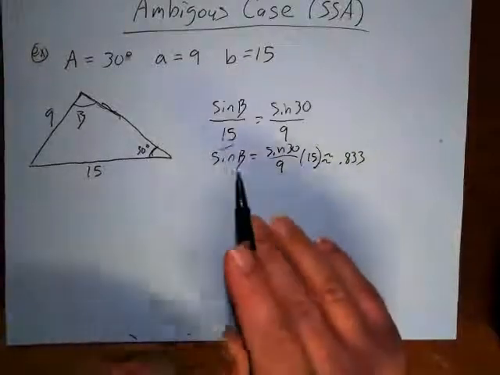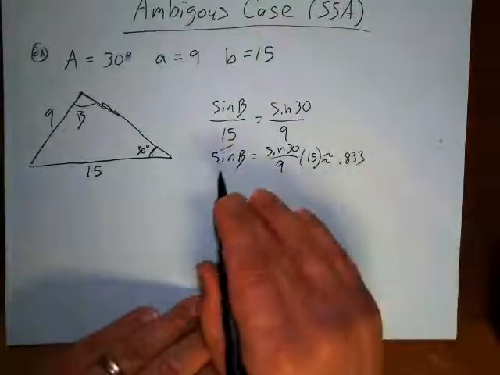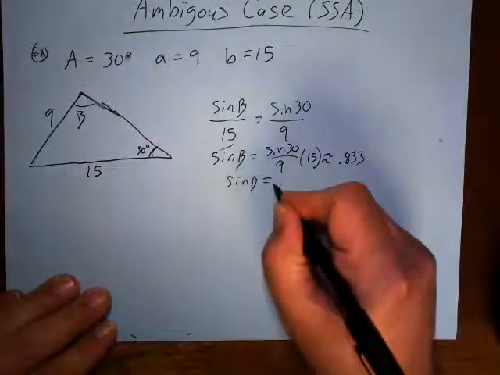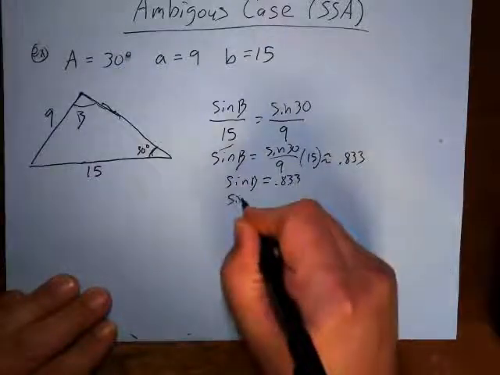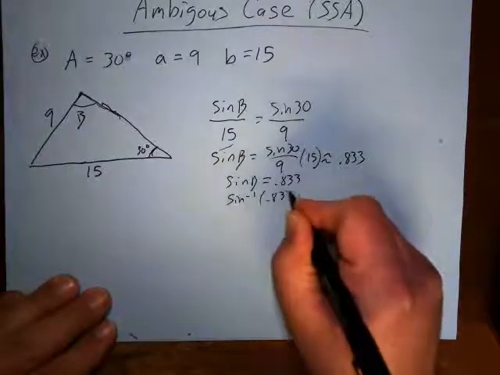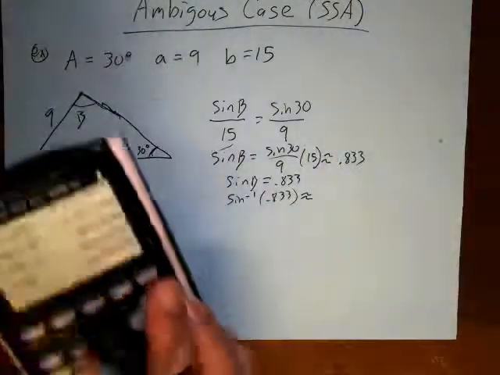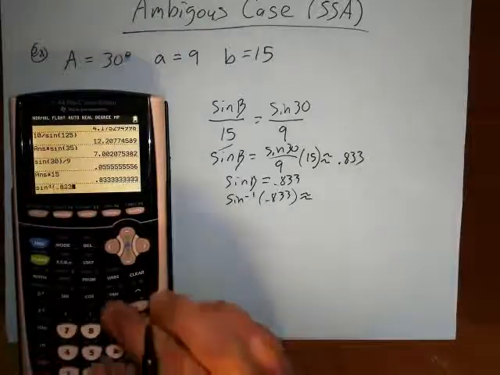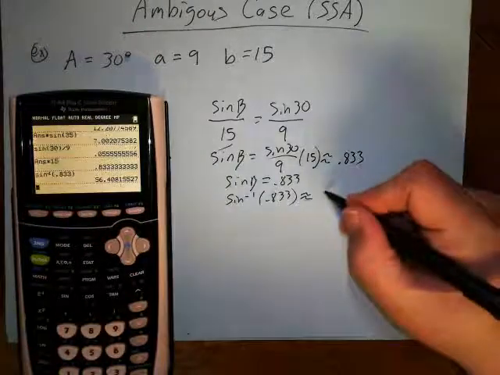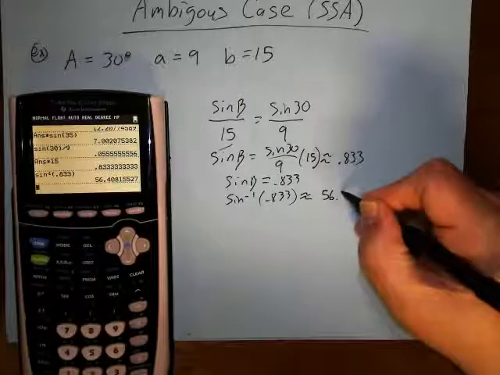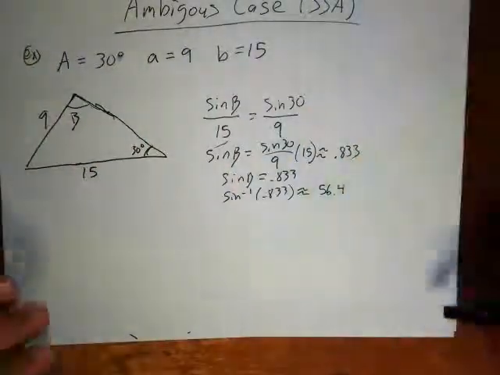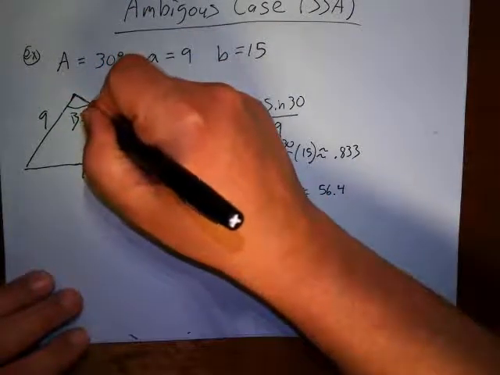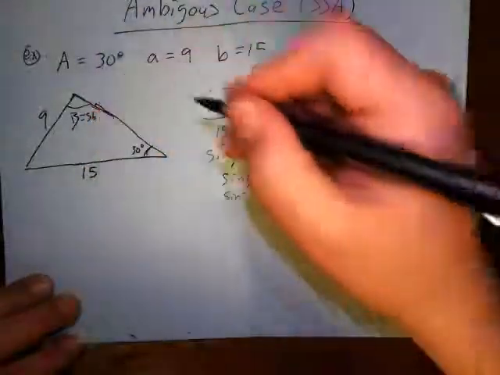We want to find the angle in degrees whose sine is 0.833, so I'll do sine inverse of 0.833, and this gives me 56.4 degrees.